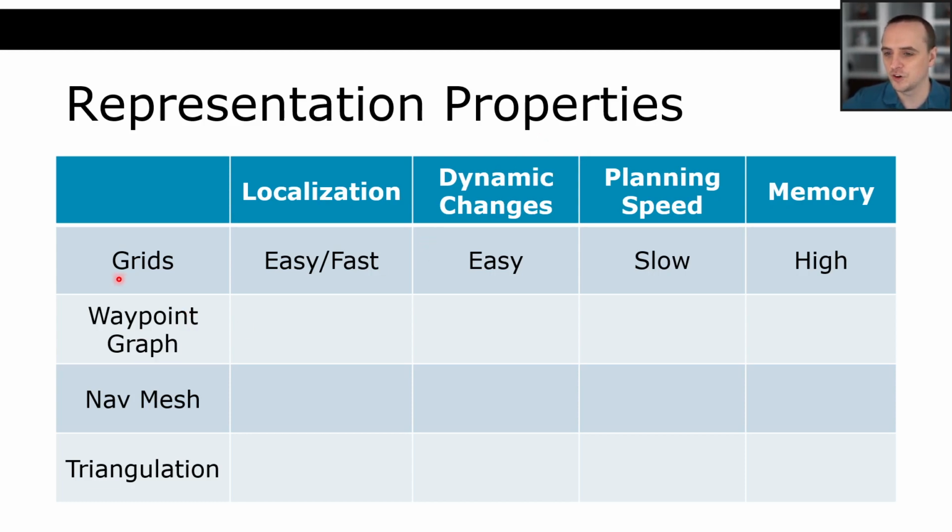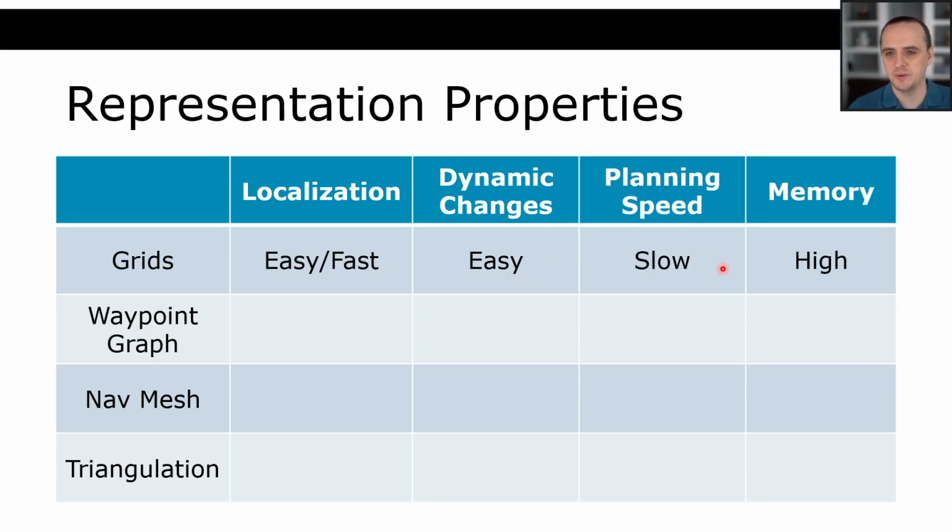Okay, so for grids, localization is very easy and it's very fast, but we may lose precision, so it may be inaccurate. Dynamic changes are very easy. We can just update grid cells in constant time since they're just array lookups.